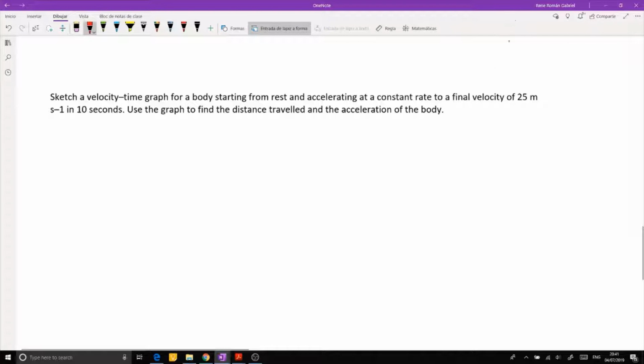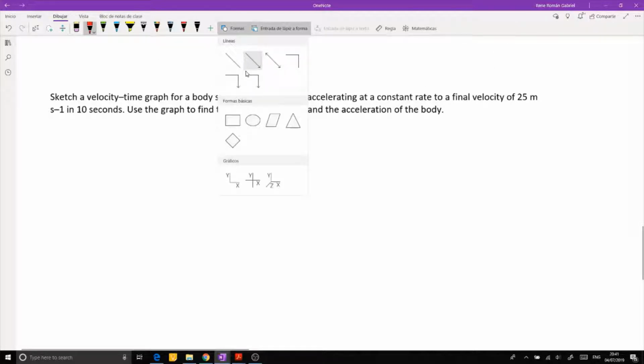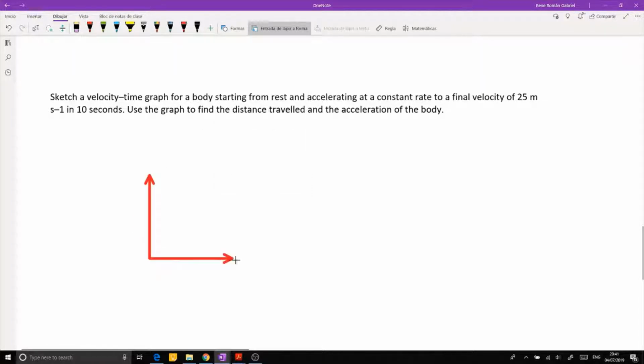So we would start by drawing the graph. Normally what we put down would be time, and up would be velocity. So let's say that our 25 meters per second in 10 seconds would be around here.